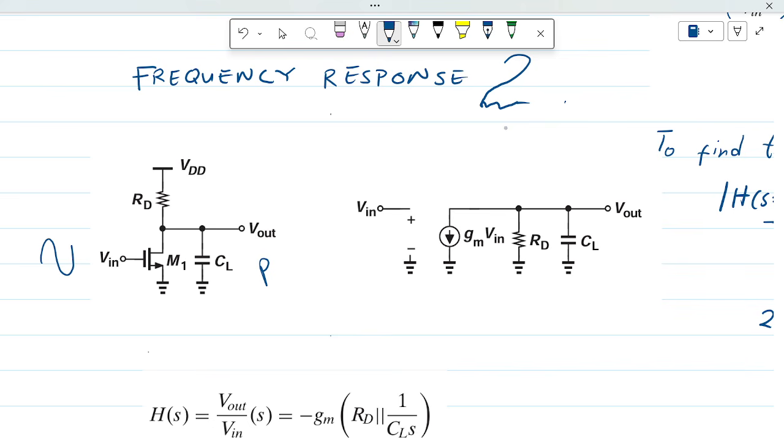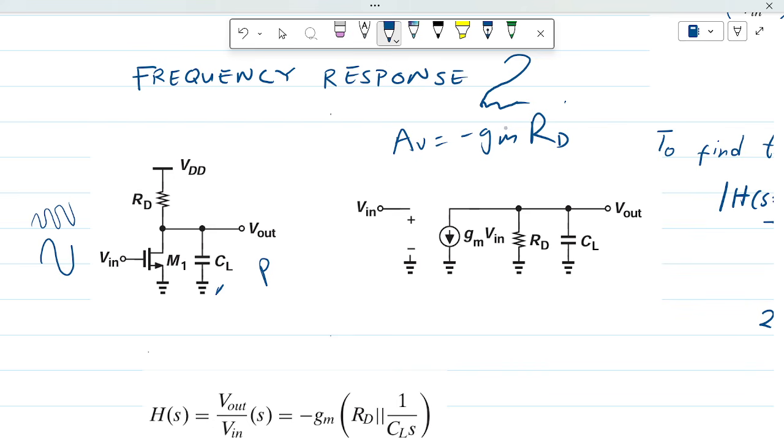Now at very low frequencies we would have the gain of the signal to be minus GM RD, but at very high frequency we can no longer ignore the effect of the capacitance introduced as CL.